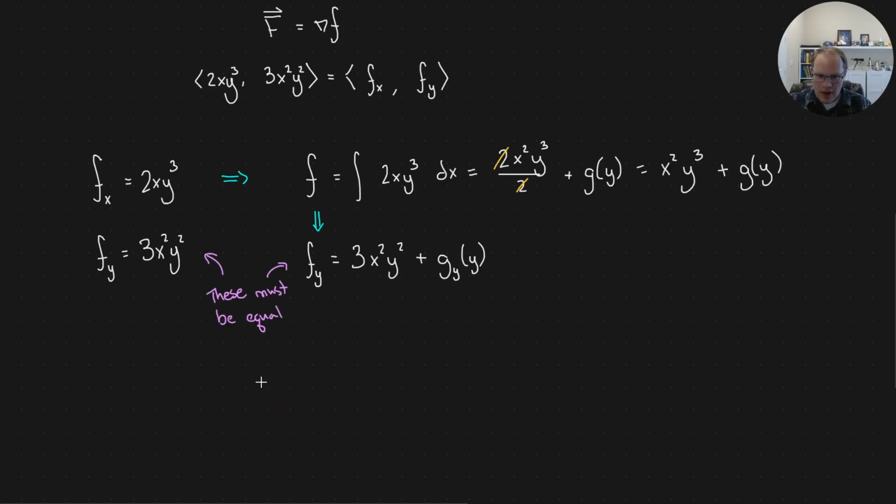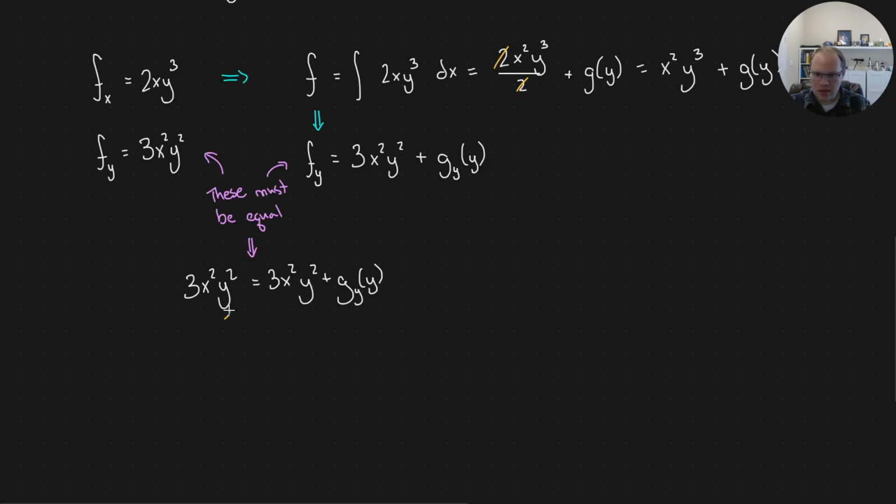So 3x squared y squared must be equal to 3x squared y squared plus the derivative of g of y with respect to variable y. And it's pretty easy to see, if I subtract 3x squared y squared from both sides, that the derivative of g of y with respect to y must be 0.